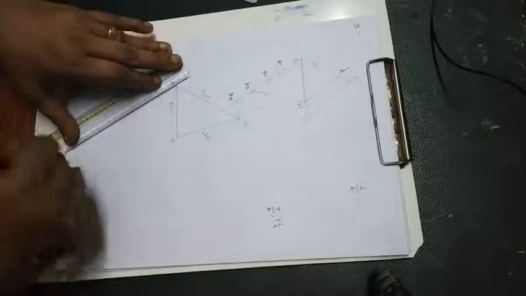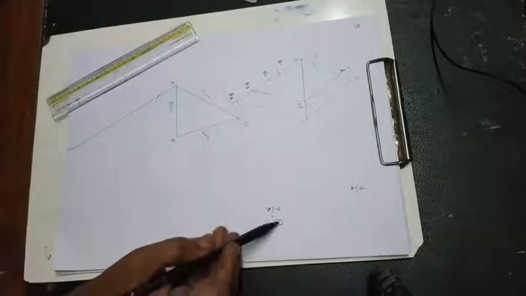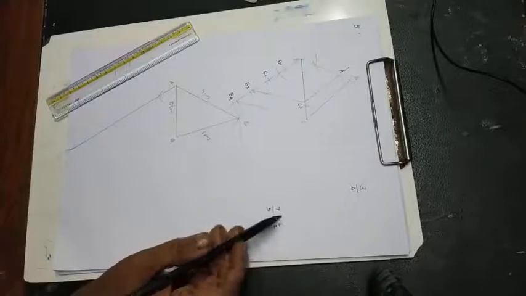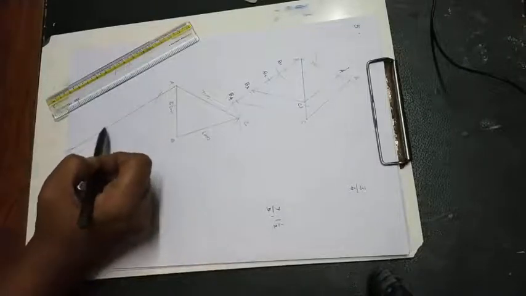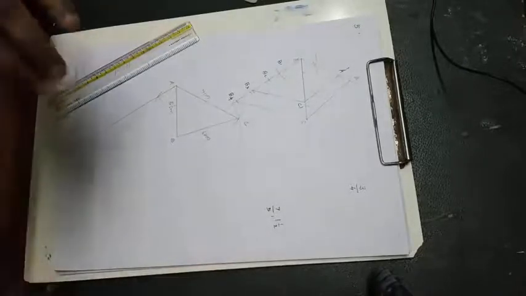Now among the 7 by 5, 7 is the bigger number, so you have to make 7 equal parts here. 7 equal parts.